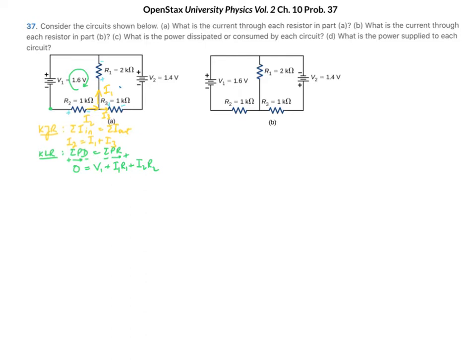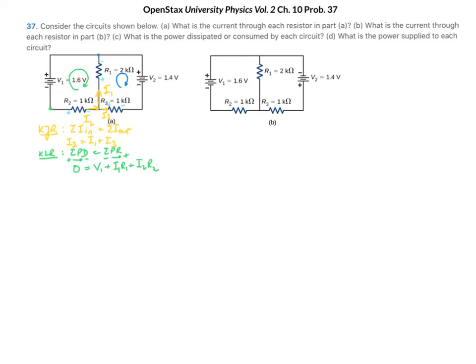I'll go through the next loop in the clockwise direction again, and I'll start up here. It looks like I have a potential drop, a potential rise, and another potential drop.